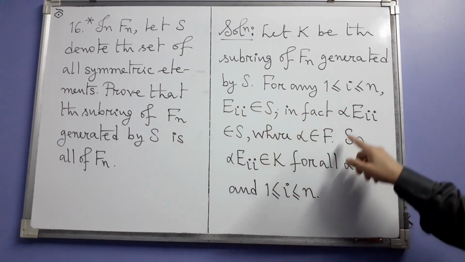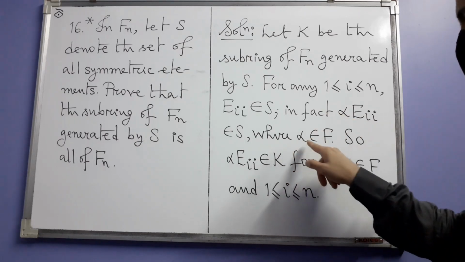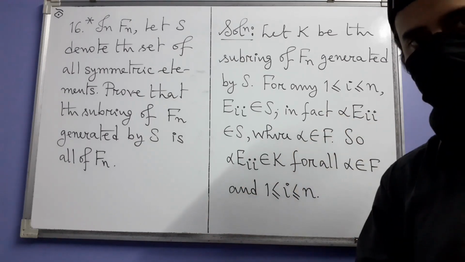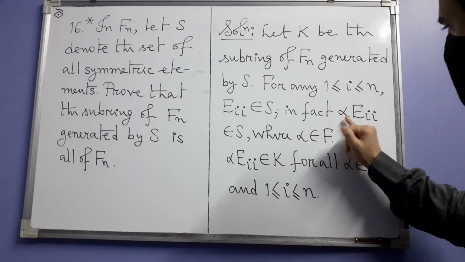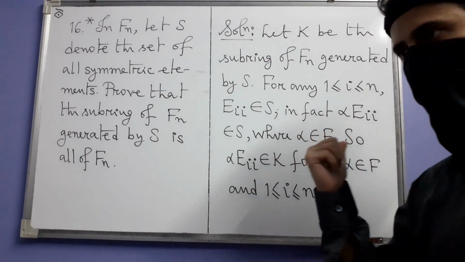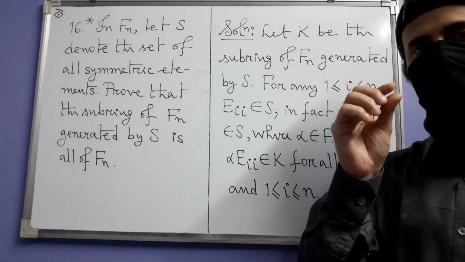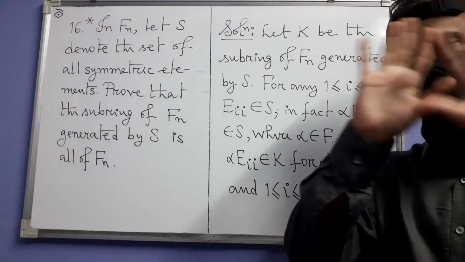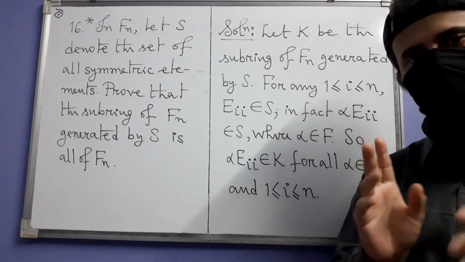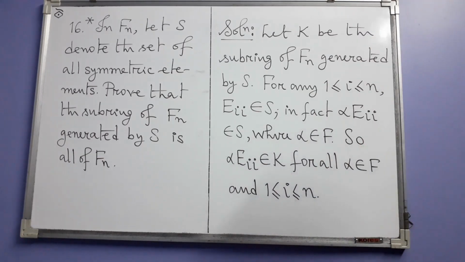And in fact, if you multiply any such EII by a scalar alpha coming from the field, then this alpha times EII will also be a symmetric matrix. It will be that matrix whose ith diagonal element is alpha and all the other elements are 0. So this is also a diagonal matrix and as a result a symmetric matrix.